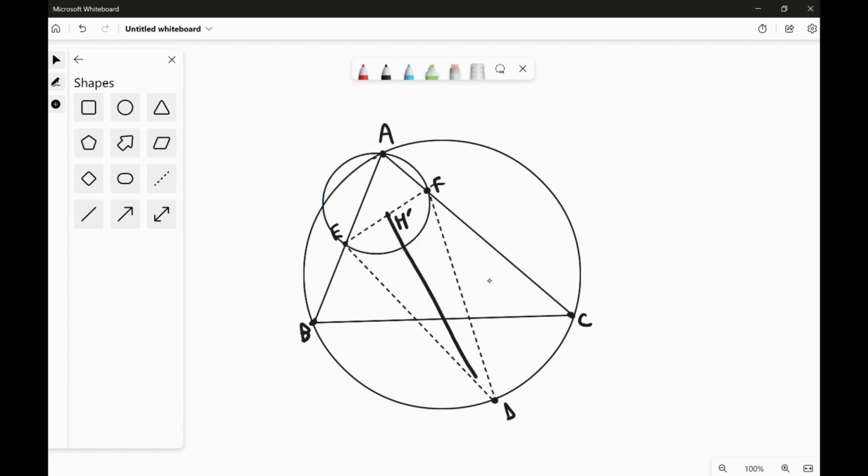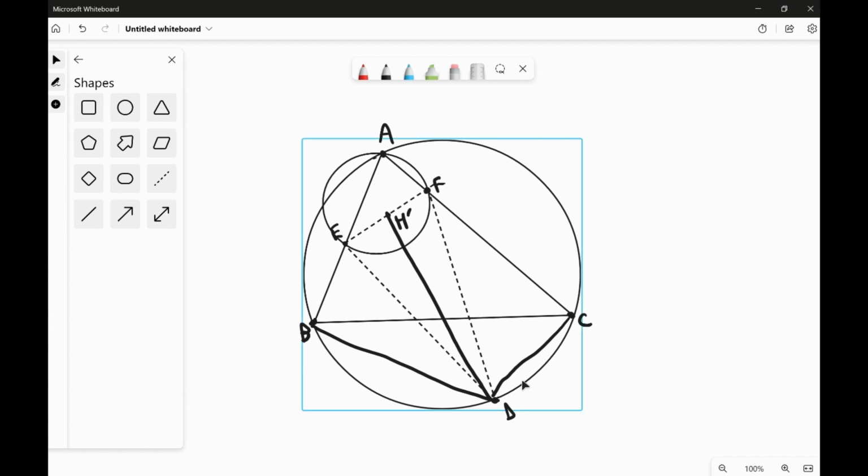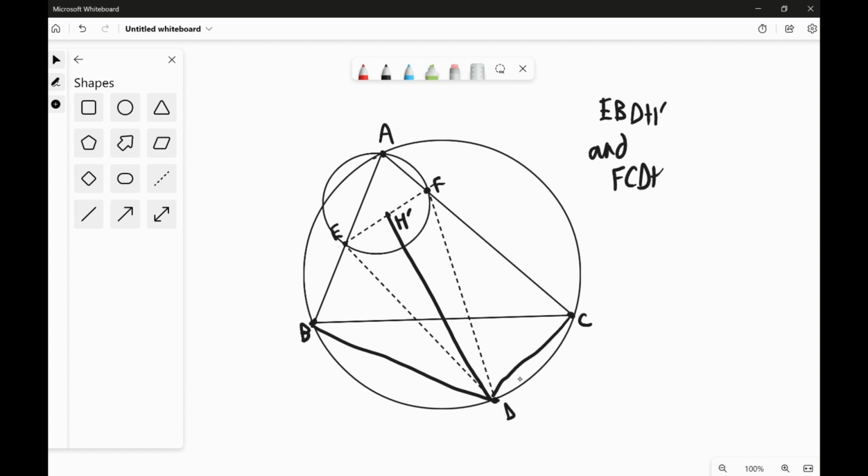So let's go ahead and draw HD and BD and CD. We have these perpendicular lines, so we immediately get off the bat that EBDH prime and FCDH prime are cyclic.